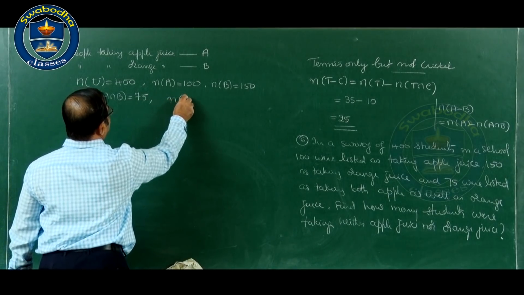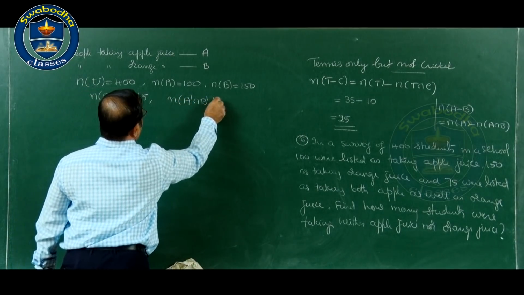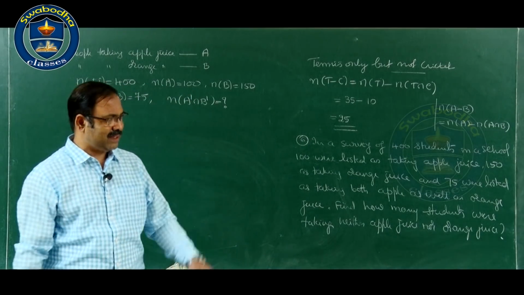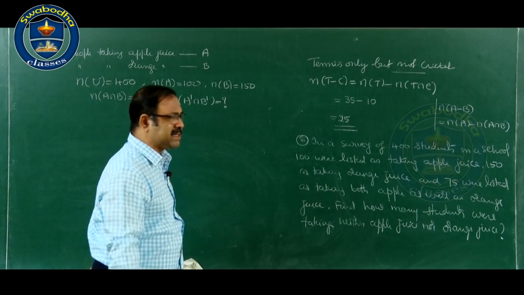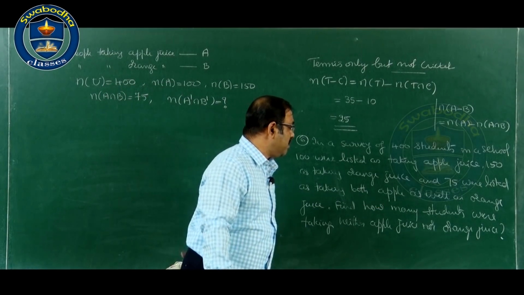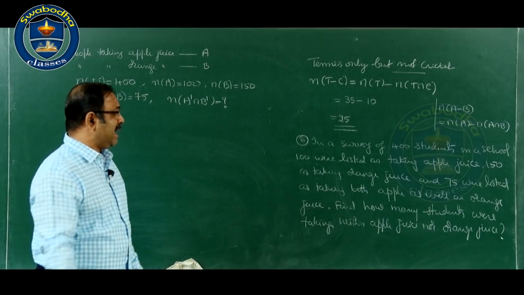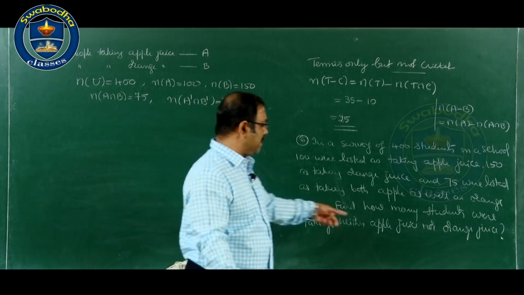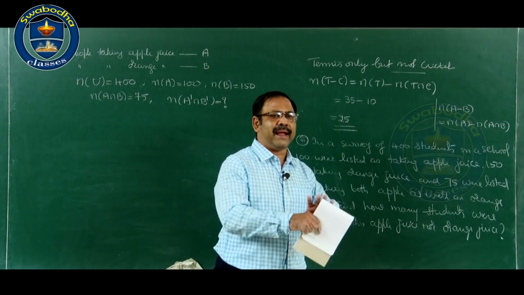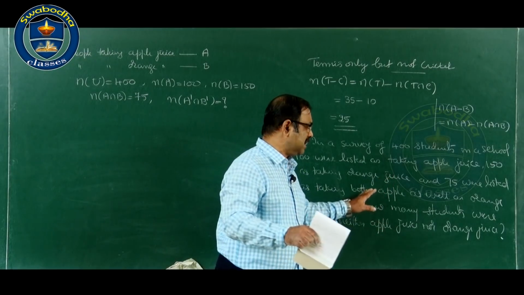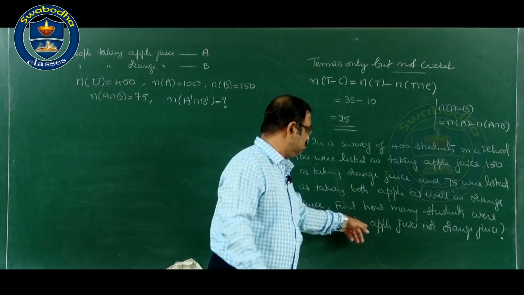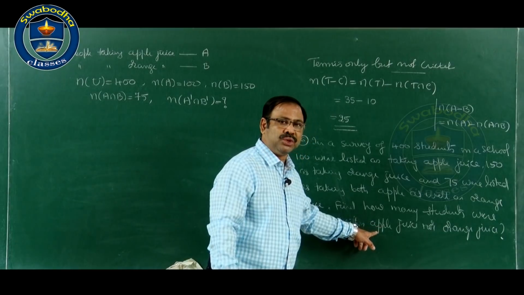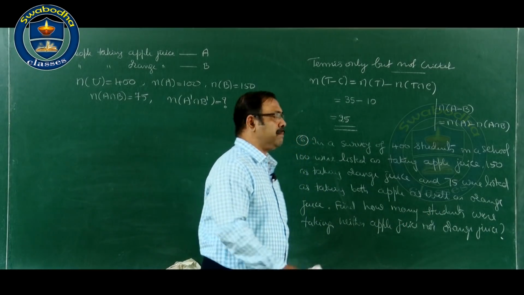You have to find N of A complement intersection B complement. Find how many students were taking neither apple juice nor orange juice, that is, those who do not like either of these juices. So neither apple juice, that is A complement, and the other one B complement.